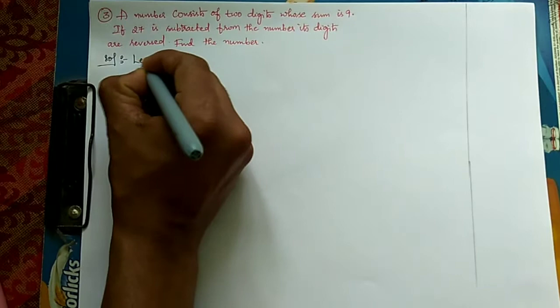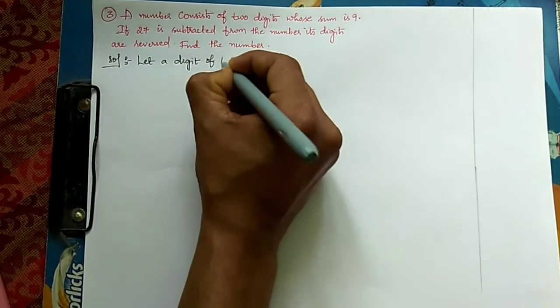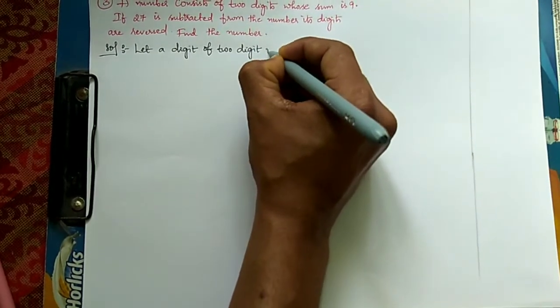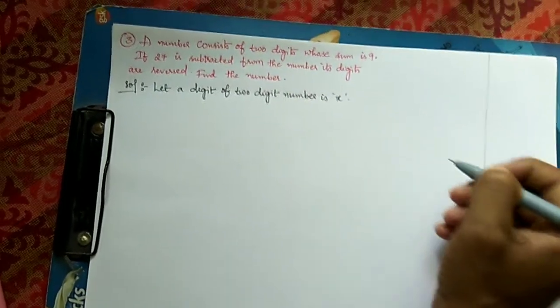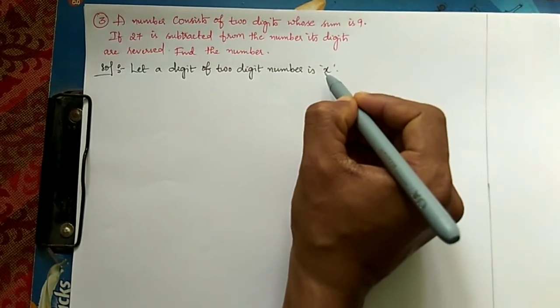So first we take a digit of the two-digit number. The first digit of the two-digit number is x, so we take this x. That means this x is nothing but the ones place value.